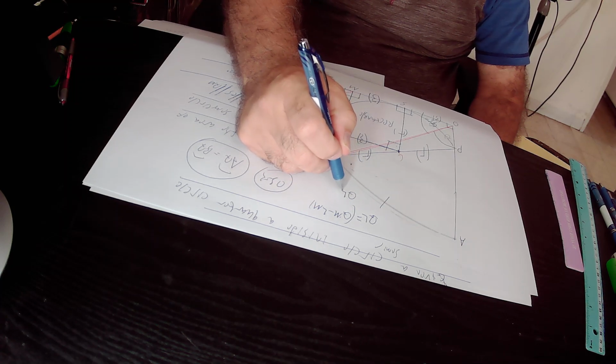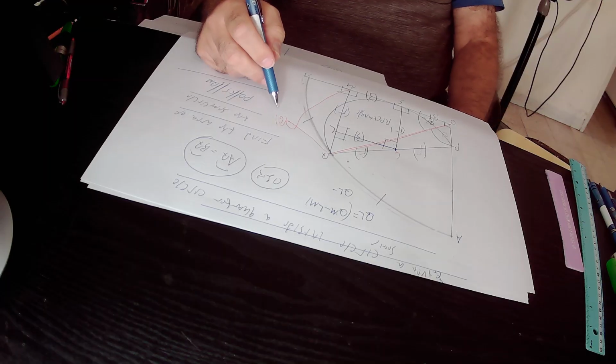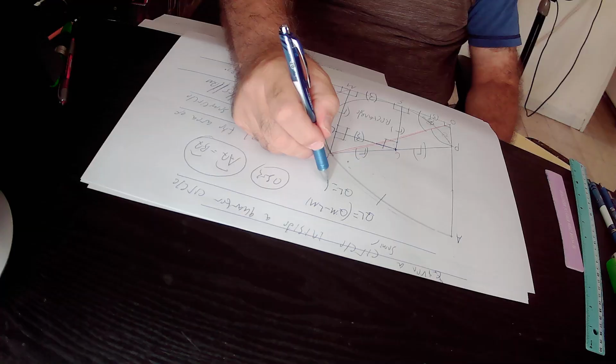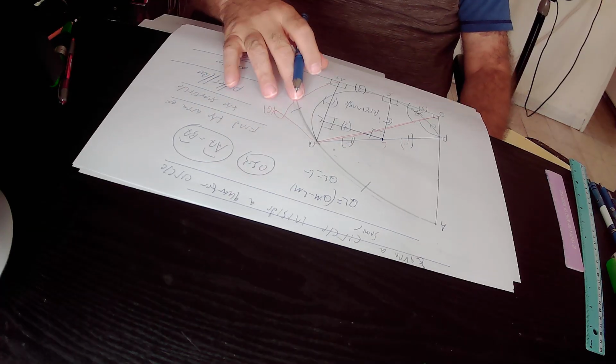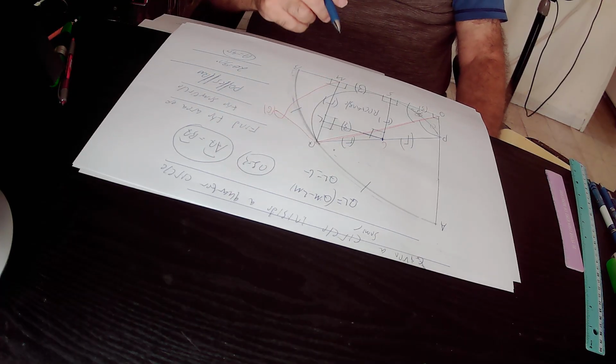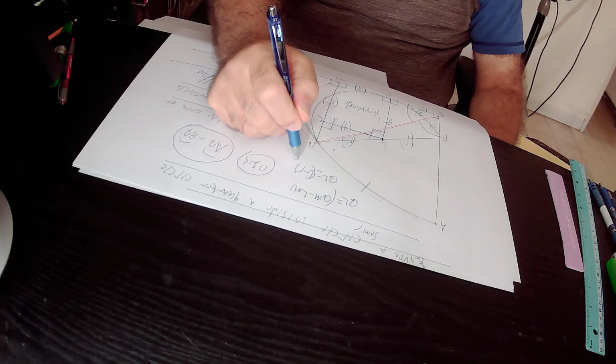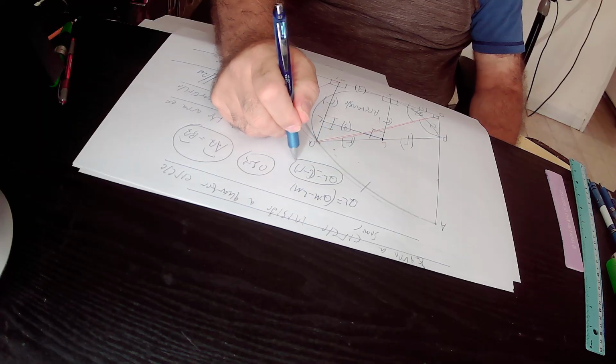So QL in total equals QM. QM is 6, according to what we already found out. Minus LM. LM is the radius, LM equals R. So in total we found out that QL equals 6 minus R units in its length.